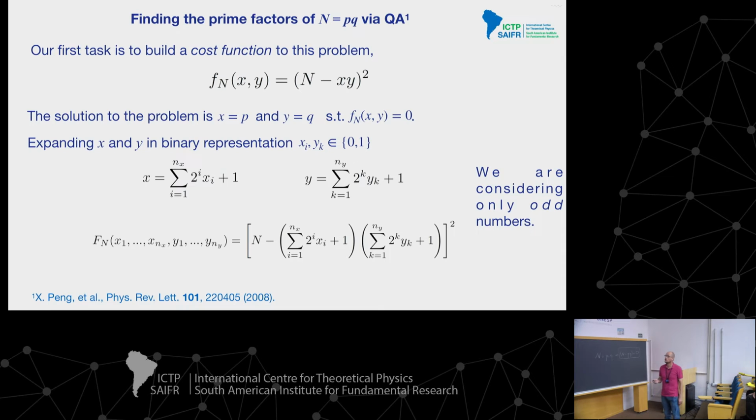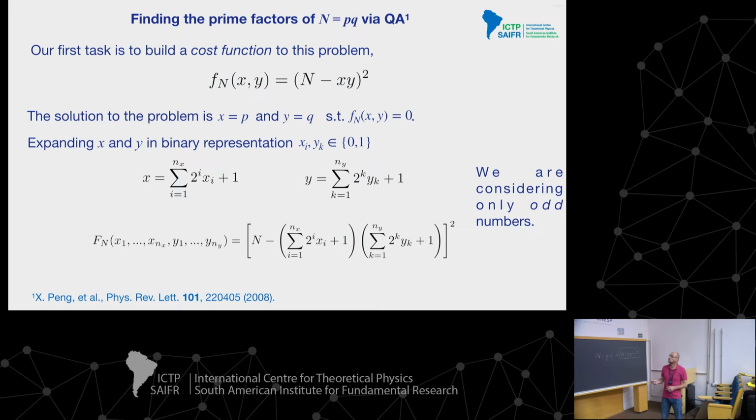That's the goal. Okay? So what you can do here is to write these numbers x and y using binary representation, as we already saw yesterday. And observe that here we are considering just odd numbers, because the only prime number that is even is 2, right?